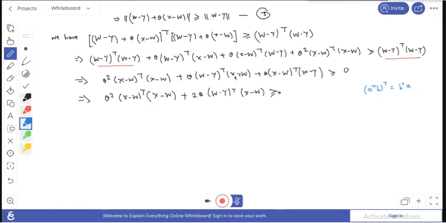That's why these two are the same, so here this is 2 times this thing.